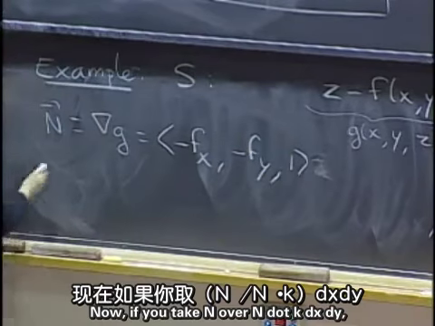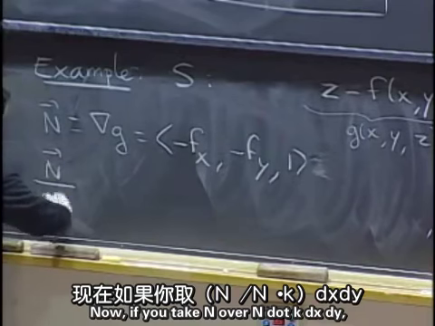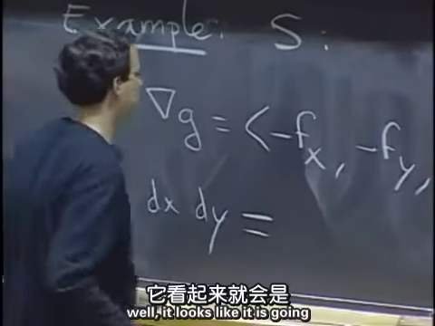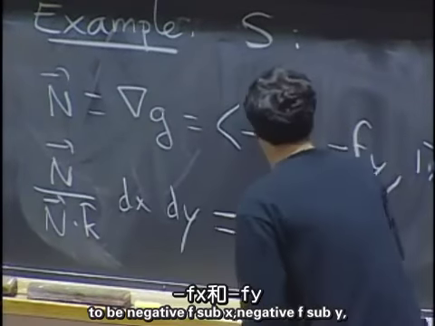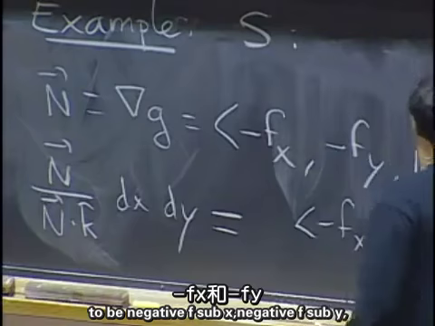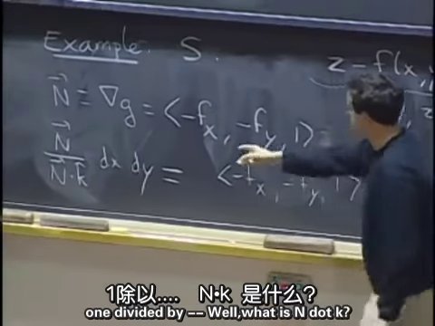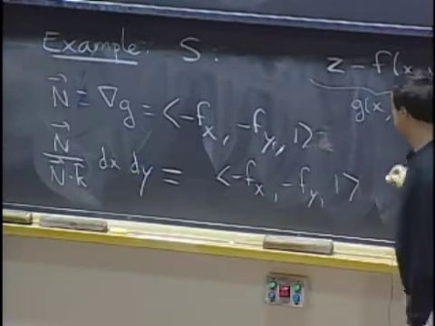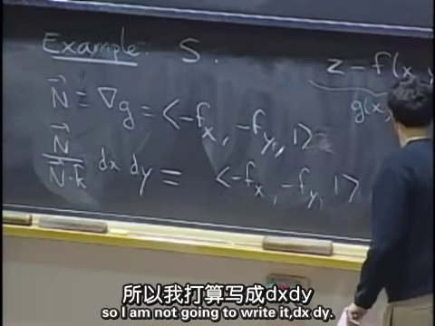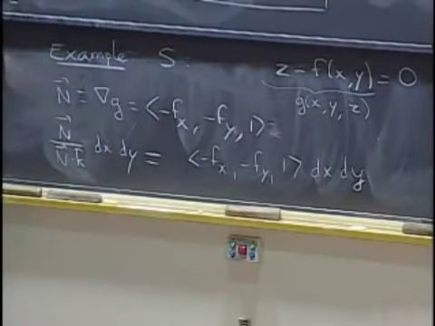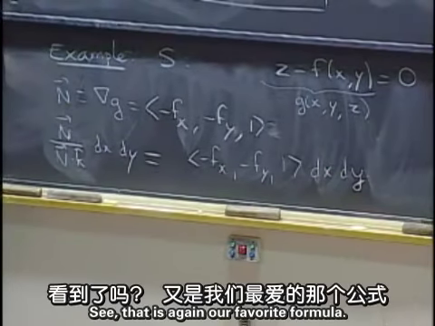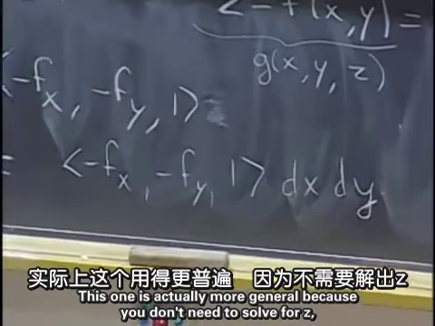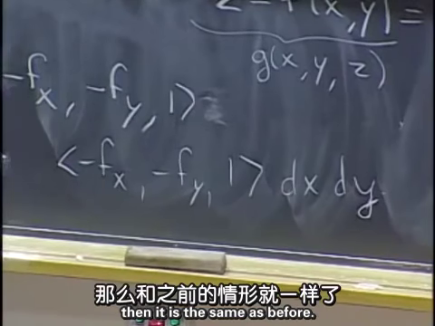So now, if you take n over n dot k dx dy, it looks like that's going to be negative f sub x, negative f sub y, 1, divided by n dot k. If you do that with k, you'll get just 1, so I'm not going to write it, dx dy. See, that's again our favorite formula. This one is actually more general because you don't need to solve for z, but if you can solve for z, then it's the same as before.